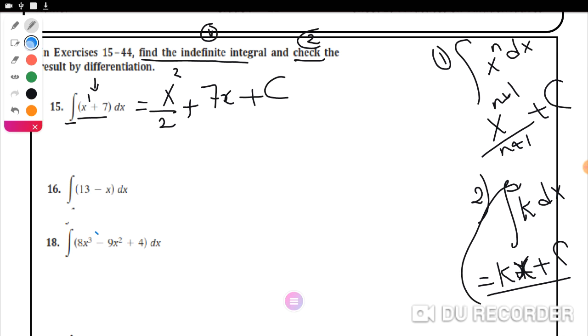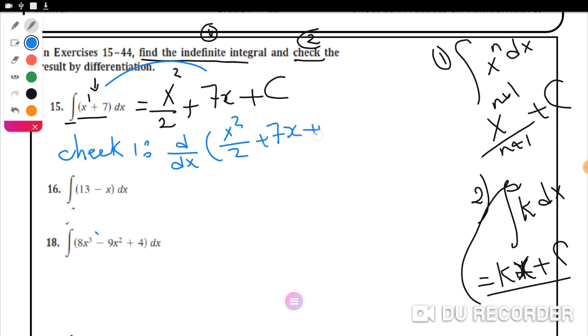How do we check? By differentiating the result. d by dx of x to power 2 over 2 plus 7x plus c.